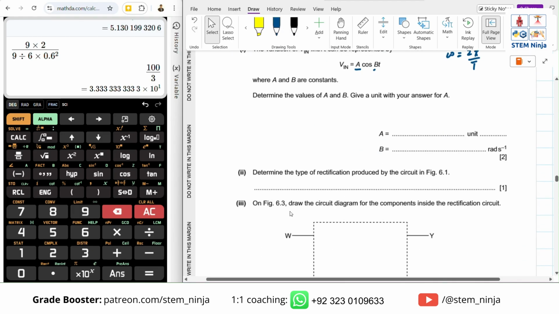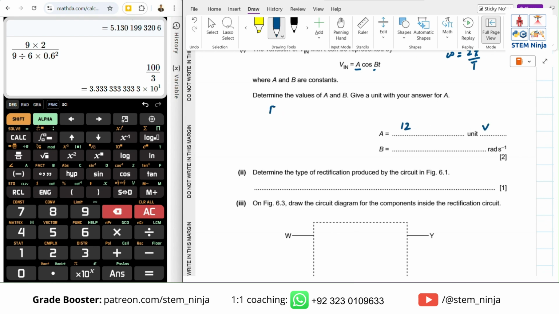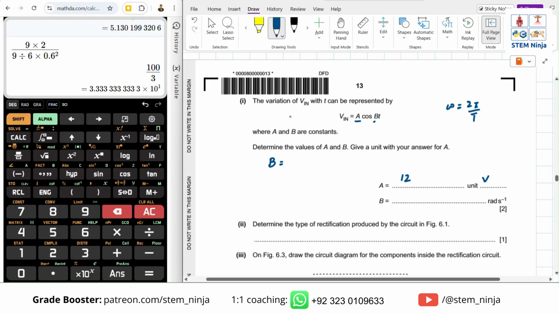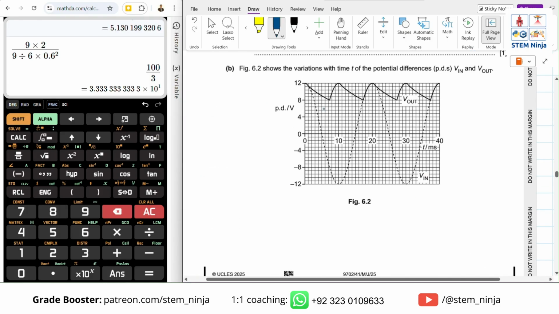So A is 12 volts. B is 2 pi over T, so you need to figure out the time period. The time period can be between two troughs, or between two crests also, so 20 milliseconds basically.